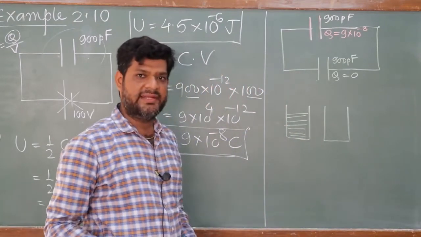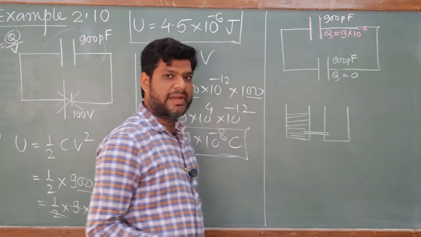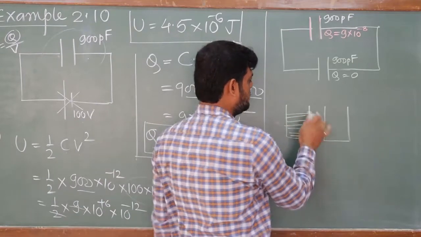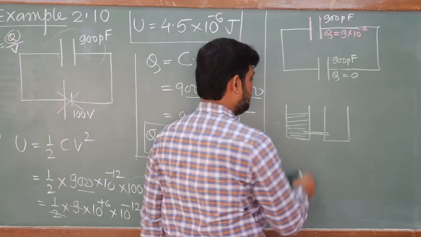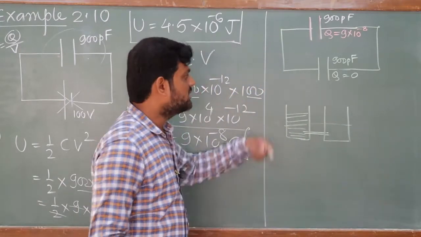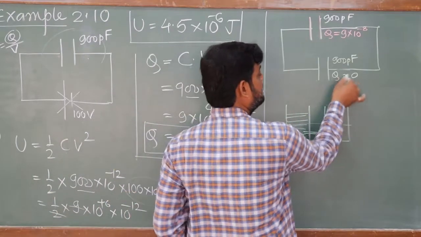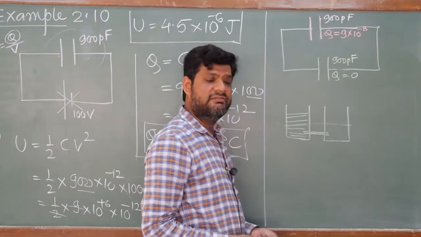If we connect these buckets by a pipe, what will happen? The water will move into the next bucket, and the water level will reach equilibrium, that we can see, right? In a similar way, by applying an uncharged capacitor to the charged capacitor, charge will divide.